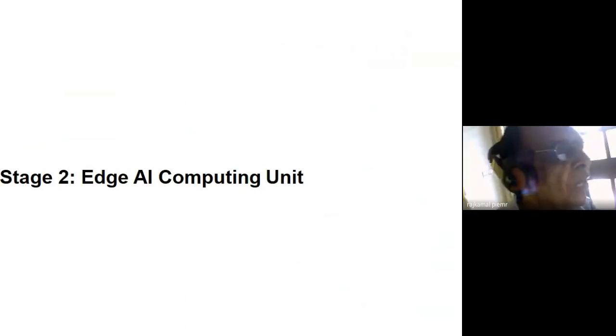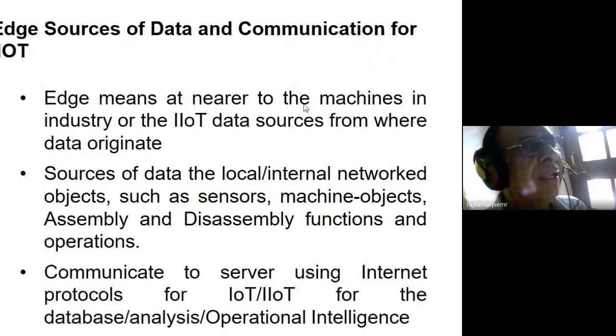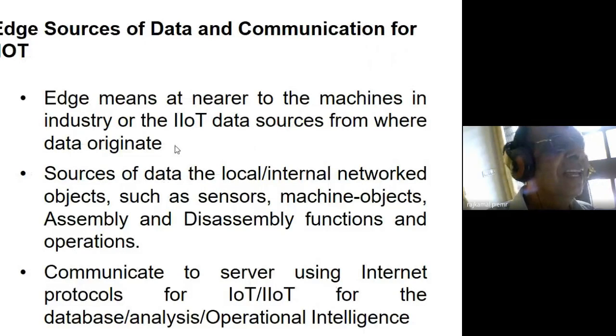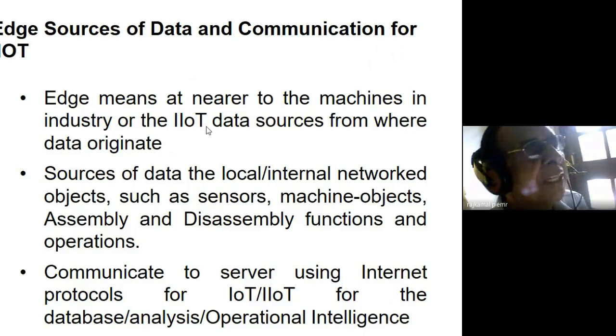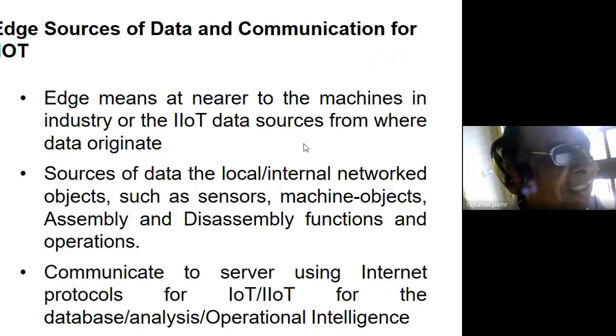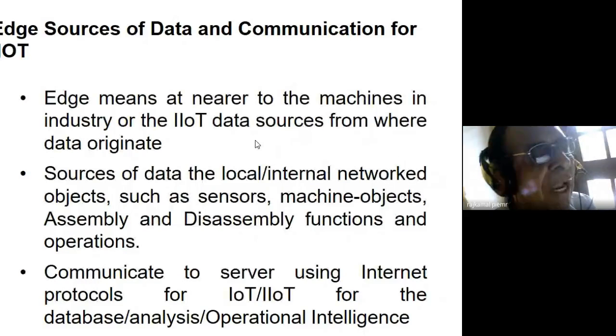Now we discuss the edge computing unit in this case. Edge means, as I told you earlier, nearer to the machines in industry. In IIoT, edge will mean that it is nearer to the machine, nearer to the data sources. It will acquire the data from different sources like cameras and machine objects, for assembly functions, for disassembly functions, and so on.